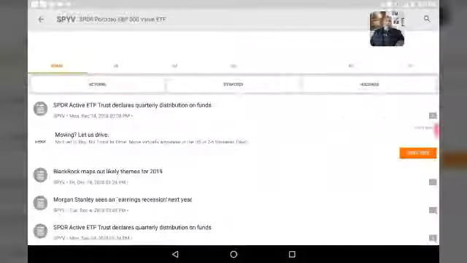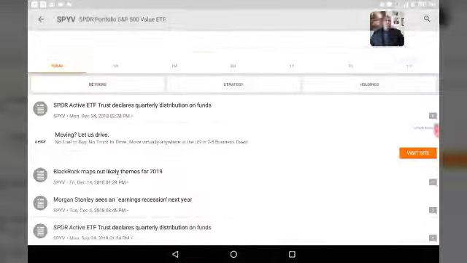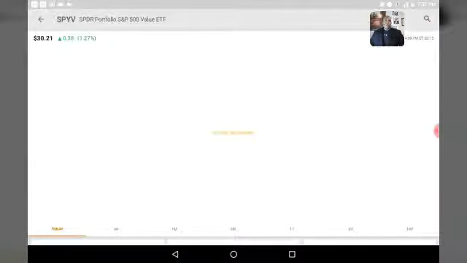Yeah, we understand what ETF is. Okay, see what's going on in the return area. 52-week range, 25 to 31. It's at 30.21. So I'll be looking to buy this later in the week, depending on what happens. A crazy man would only buy this right now.